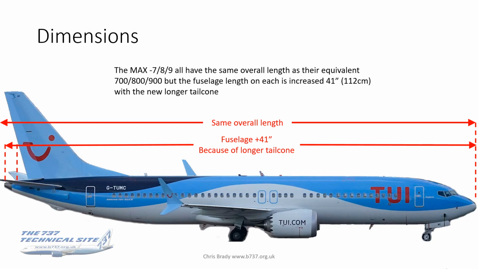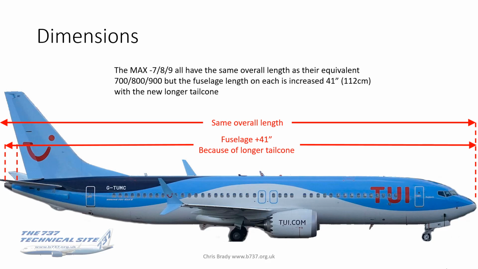So it's nothing to do with passenger capacity or anything like that. The distance from in front of the APU to the nose cone is the same as their equivalent, the 700, 800, 900 series. What's changed is the tail cone itself. That is what has increased by 41 inches.